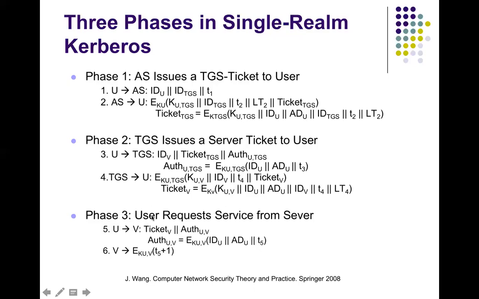Phase 3 is for the user to authenticate herself to server V. So let's say the user is Alice.